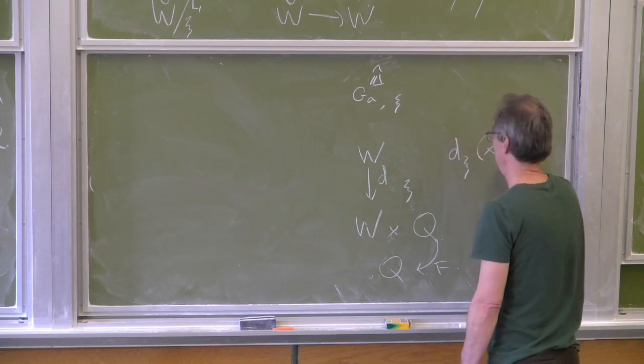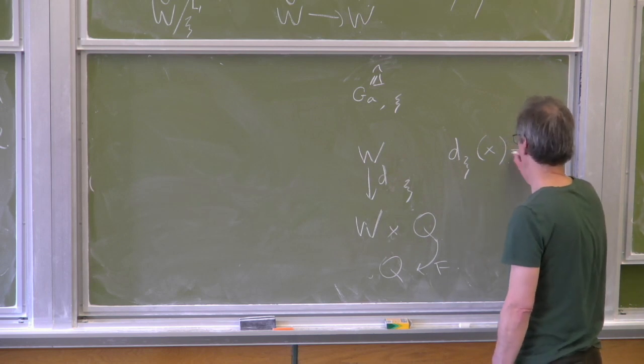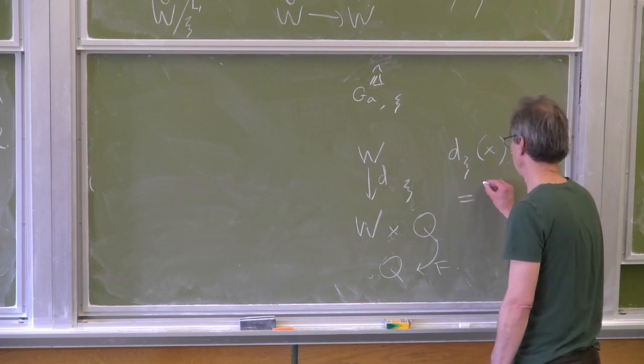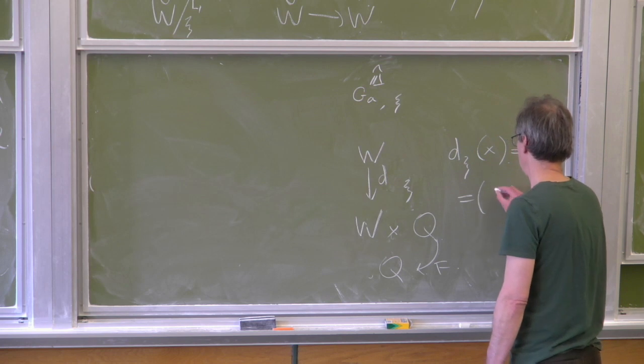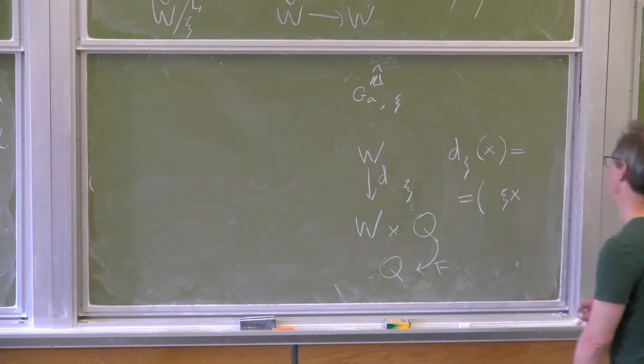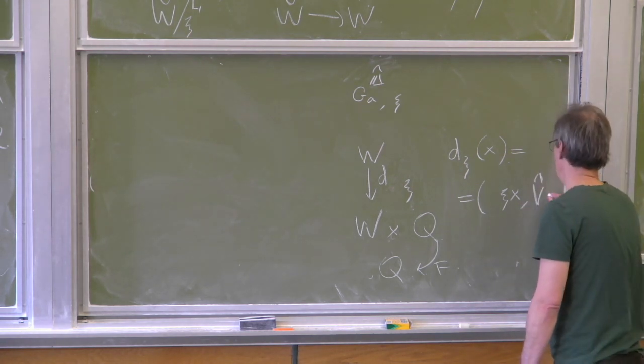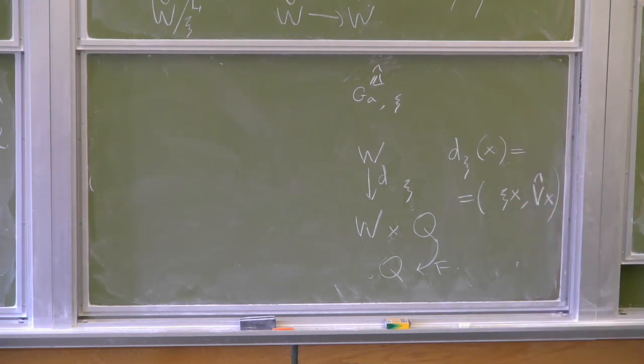So if I have a Witt vector, I will send it to C, X, comma V hat. All right.